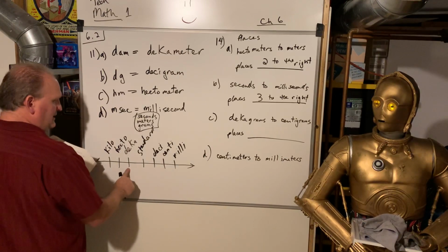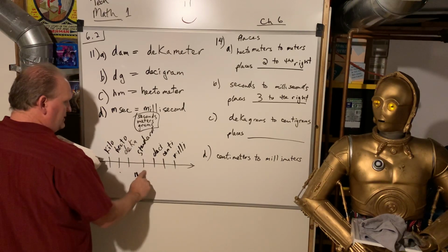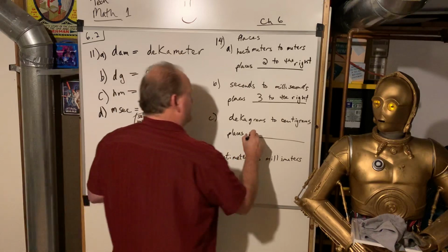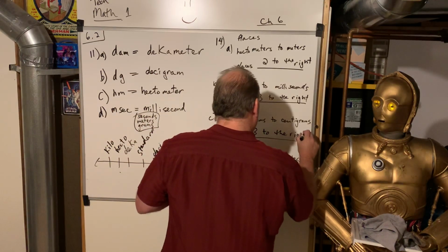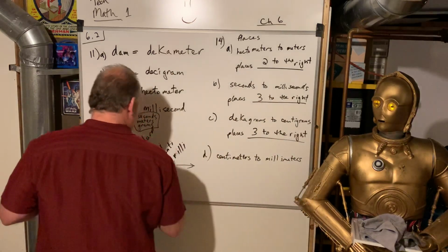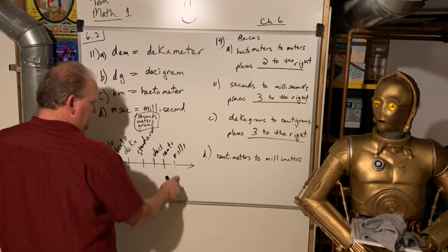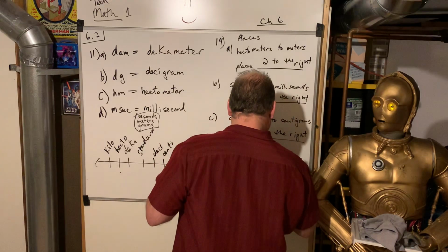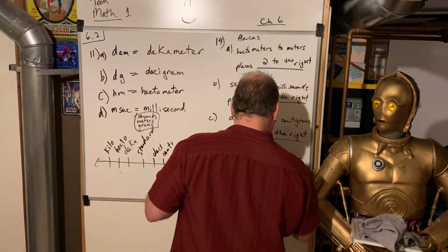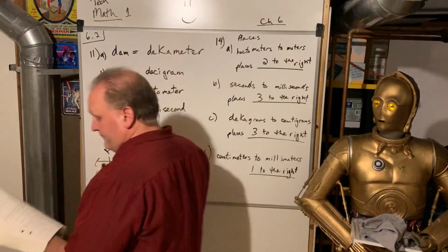From deca to centi, 1, 2, 3 places to the right. And then centi to milli, that would just be 1 place to the right.